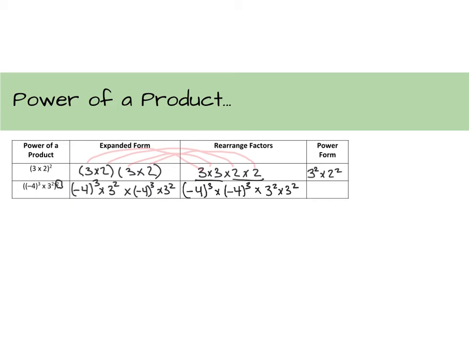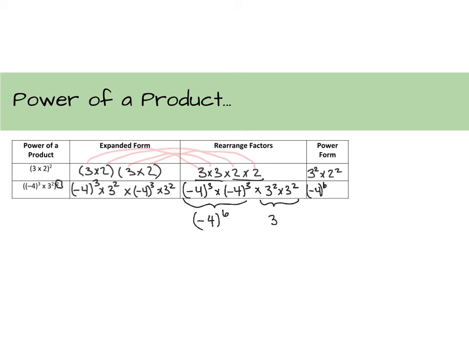And we're going to simplify that by applying our multiplication rules with our same bases. If we're multiplying negative 4 cubed by negative 4 cubed, we're going to end up with negative 4, and remember, we add the exponents, to the power of 6. And I'll write it here as well.